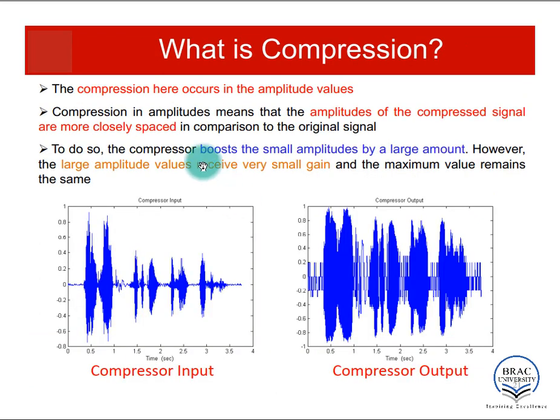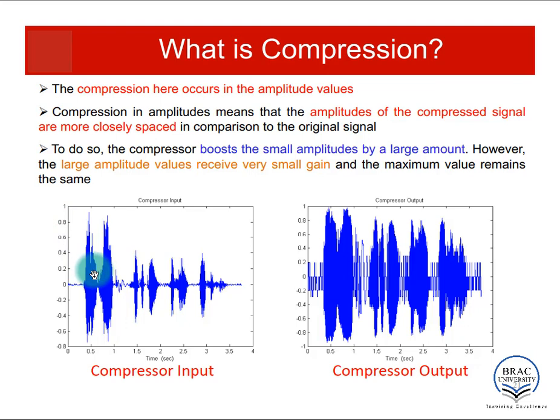So what is compression? I have talked about compression, that we need to compress the signal before passing it to the quantizer. Compression actually reduces the gap between the lower amplitude values and higher amplitude values. In this signal, you have a lot of lower amplitude values and some higher amplitude values. The gap is massive. This massive gap will result in very poor SNR when you use uniform quantization.